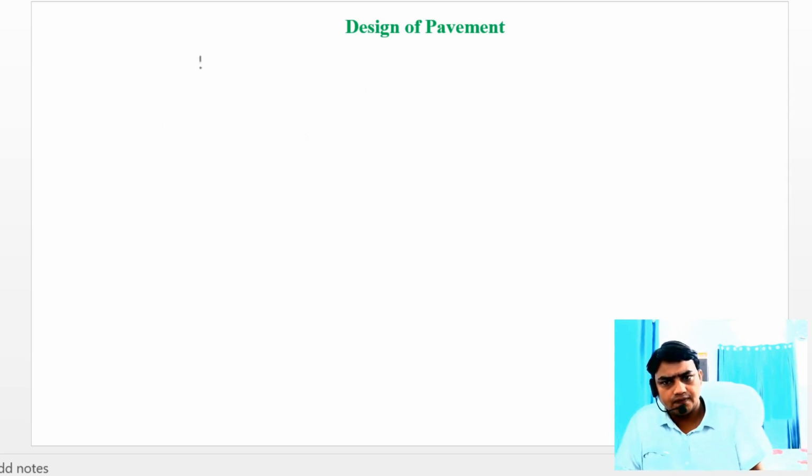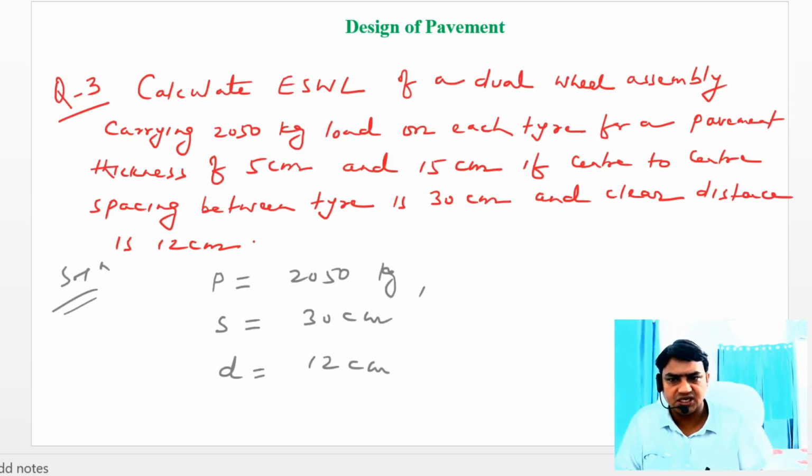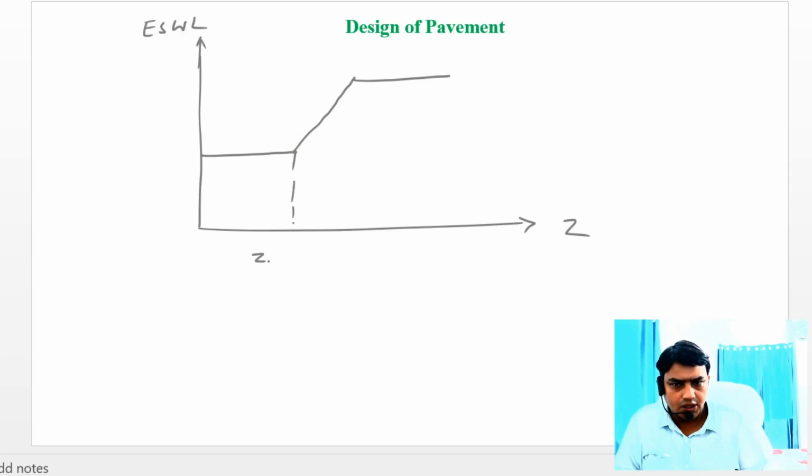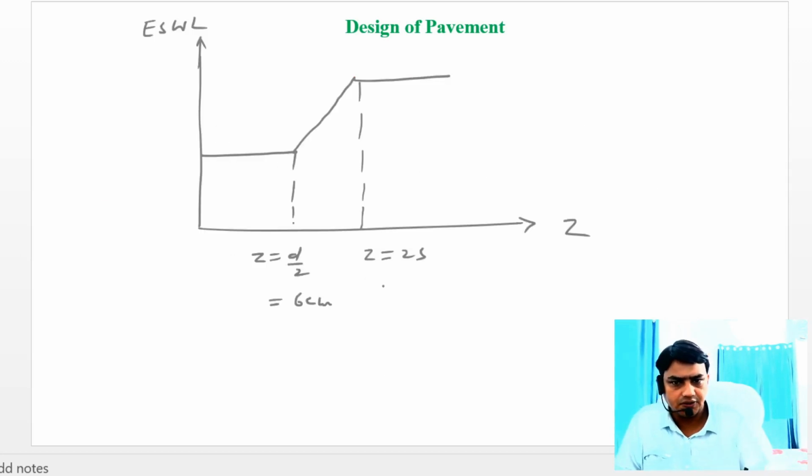So once again, if I draw the curve of equivalent single wheel load versus pavement thickness Z: when Z is equal to D by 2, that means 6 cm, and when Z is equal to 2S, that means 60 cm.